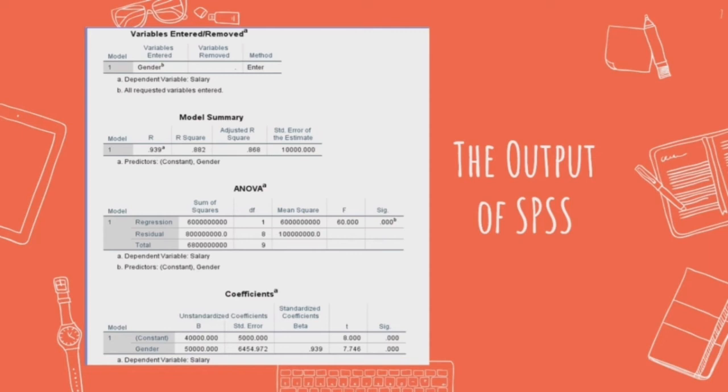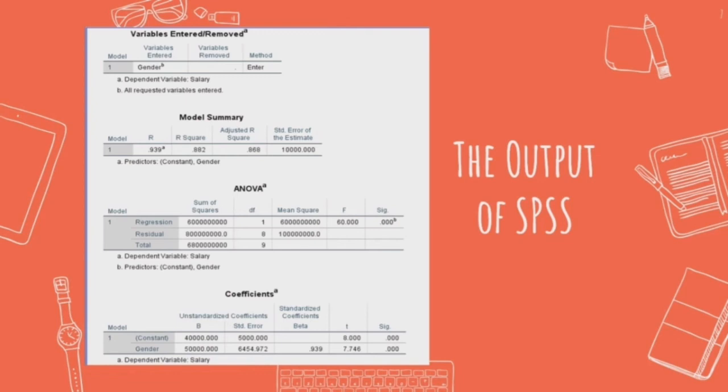For model 1, the R value is 0.939, the R square value is 0.882, and the adjusted R square value is 0.868. The standard error of the estimate is 10,000.000. A is predictors, constant and gender.